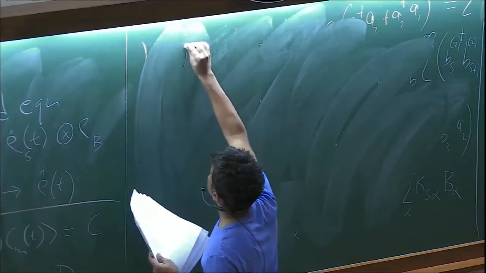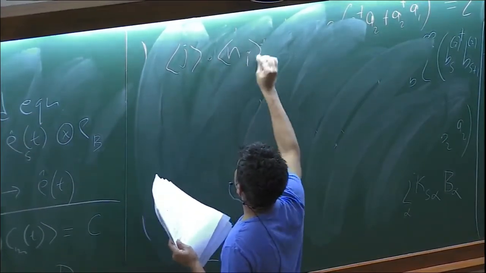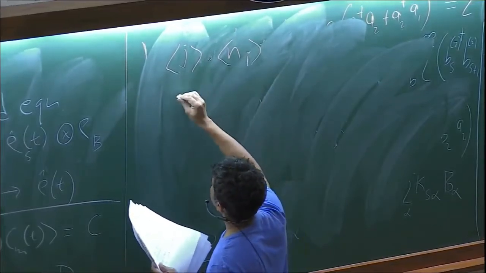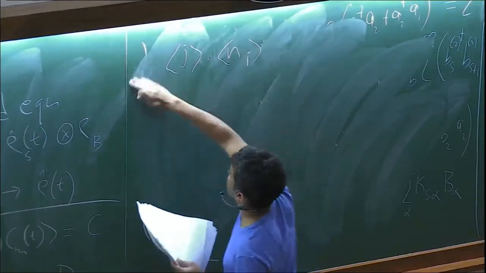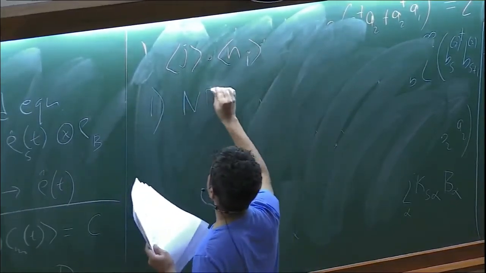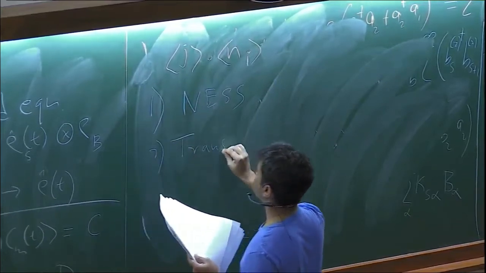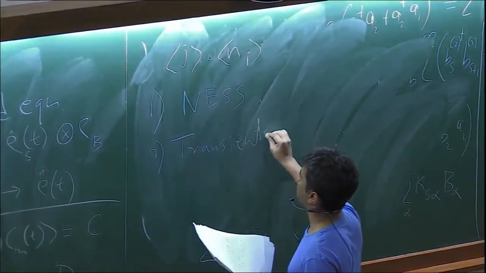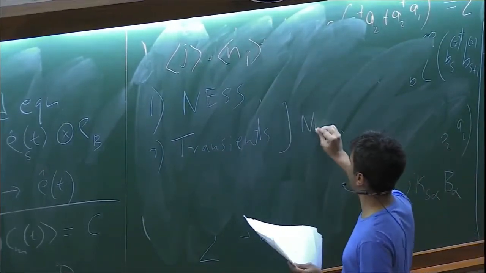So we computed the current and occupation, and we looked at the steady state, and also transients. For transients, you can't use the analytic methods. Here we just did exact numerics.